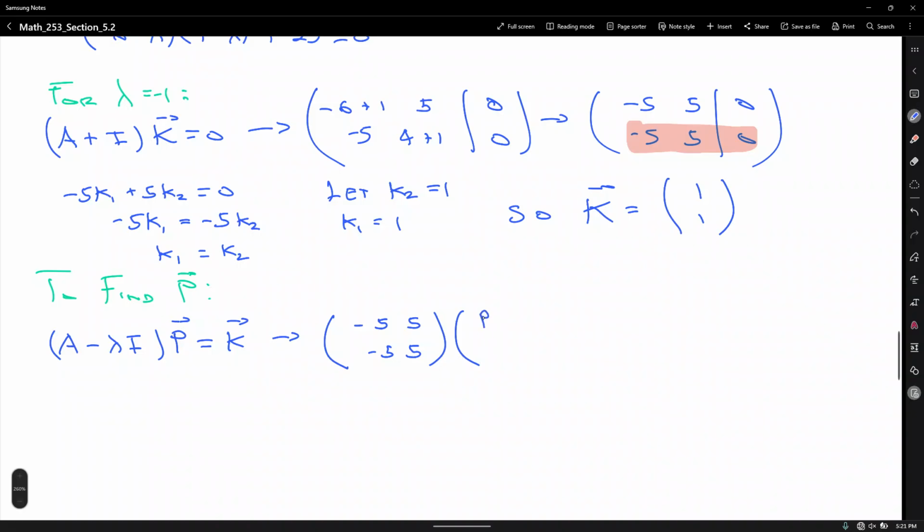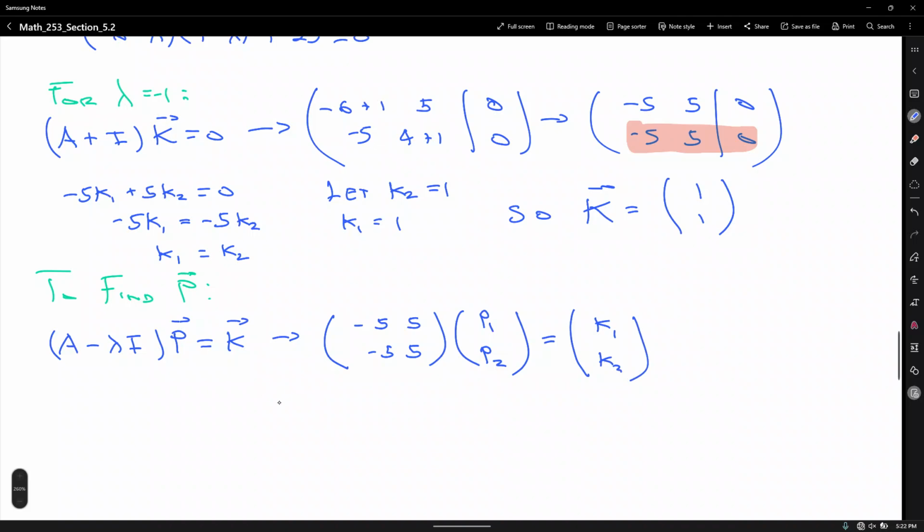Let that be times P1, P2, that's the vector we're looking for. And in this case, let this be equal to K1, K2.